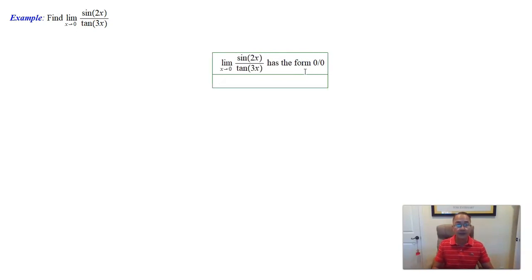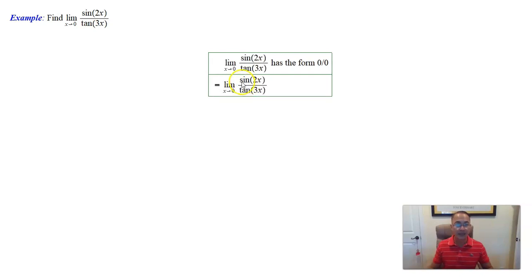So this has the form of 0 over 0. Your teacher will probably say you should put down on the right something like 0 over 0 if you're about to apply L'Hopital's rule. L'Hopital's rule says this limit is the same as if I take the derivative of the numerator and divide it by the derivative of the denominator.